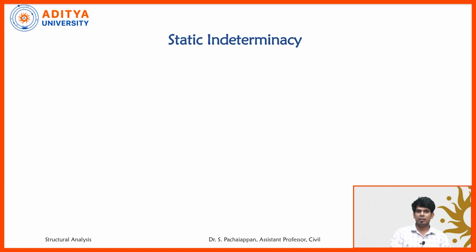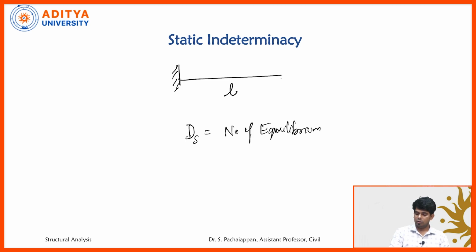Quickly take an example problem, and then we see what is meant by static indeterminacy. I am going to take a cantilever beam, which is going to have span L. Now the degree of static indeterminacy is denoted as D suffix S, which is nothing but the number of equilibrium equations minus the number of unknown forces.